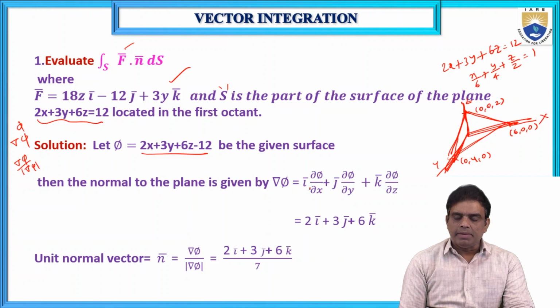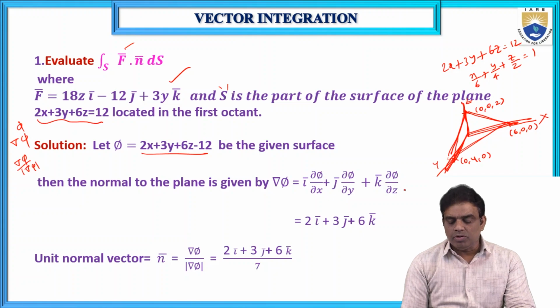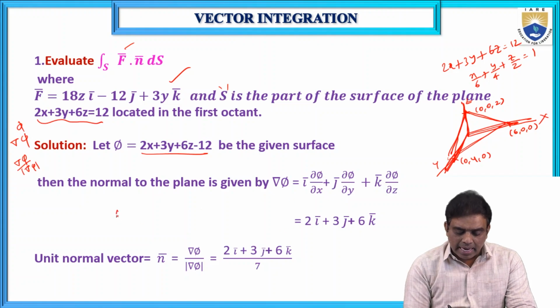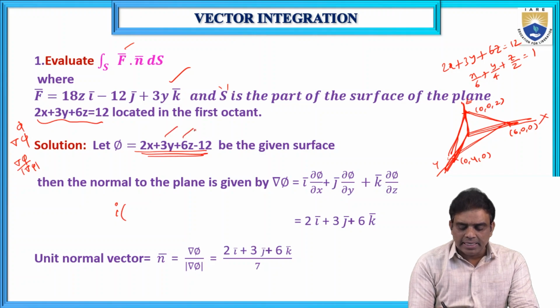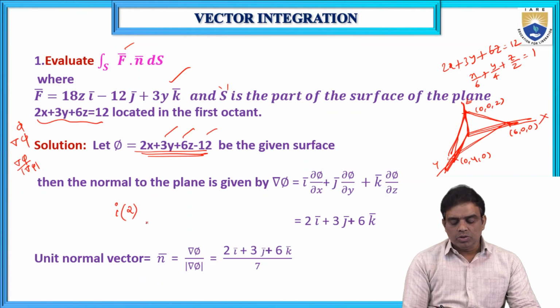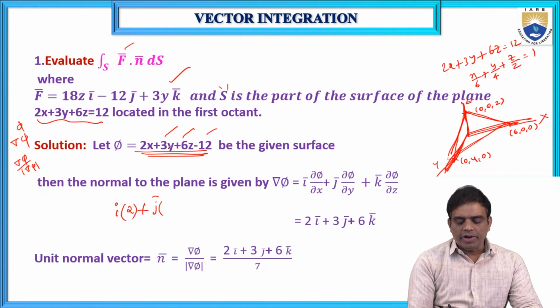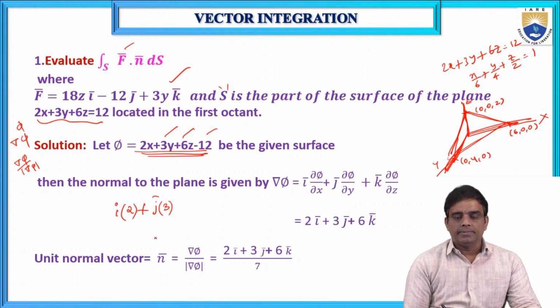Grad phi means i bar dou phi by dou x plus j bar dou phi by dou y plus k bar dou phi by dou z. That is i bar into dou phi by dou x; y and z terms are constant, so only 2. So the value is 2 i bar plus j bar into dou phi by dou y, and only 3 you will get.